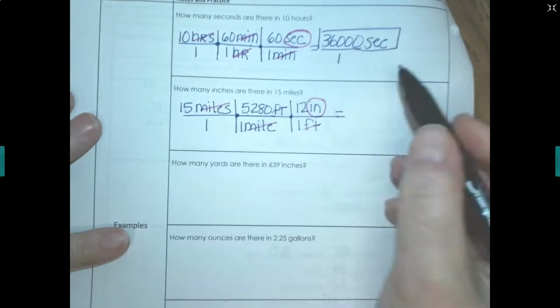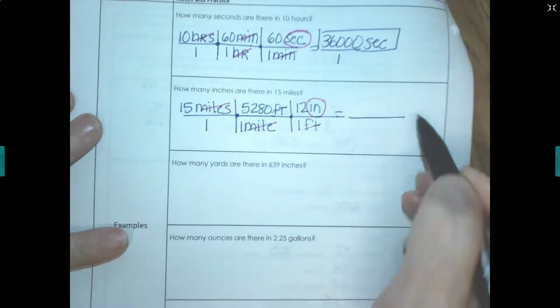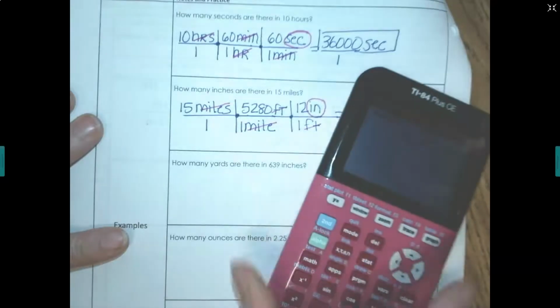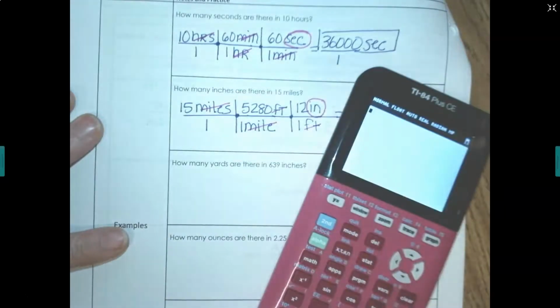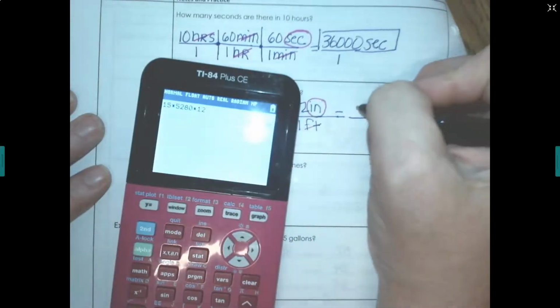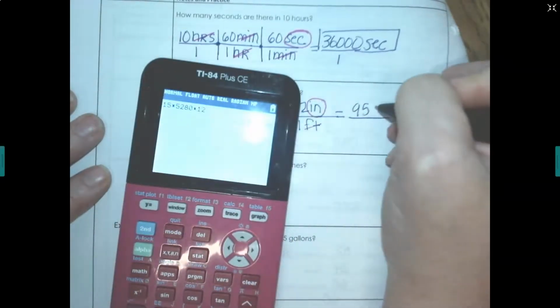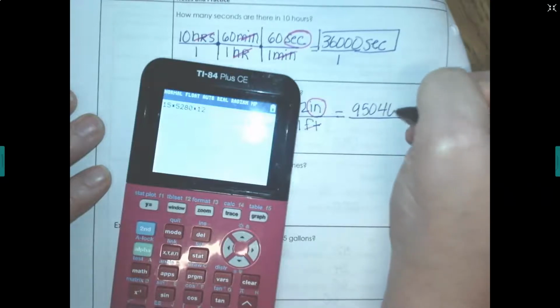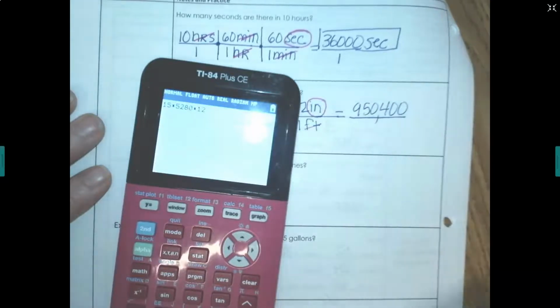So now we want to multiply across top and bottom. So we have 15 times 5,280 times 12 equals this big long number. You want to write the whole thing, 950,400.